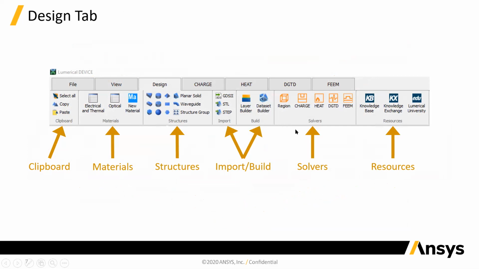It also allows you to import structures from different files. Like we saw the other day, you can use GDS files to import layouts in your design environment and create 3D geometries out of them. In terms of material database, you have electrical and thermal material database to use with charge and heat. And there's an optical material database here as well, because you can use them with DGTD and FEM.